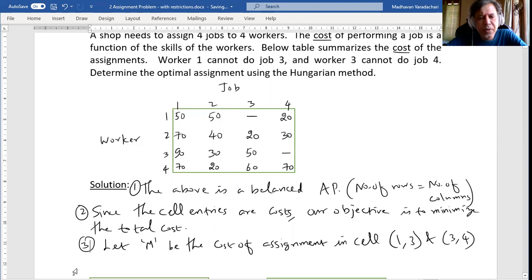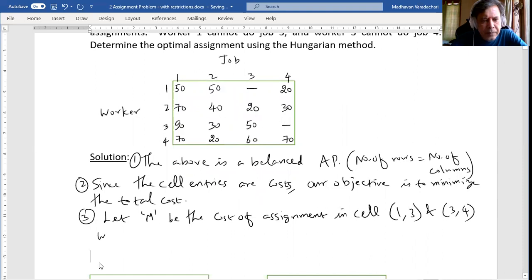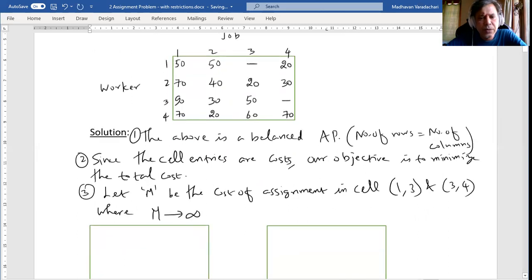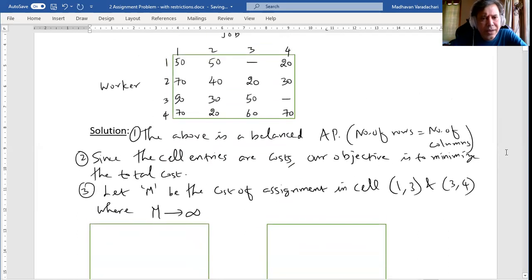In both the places, I am going to call that capital M. What is capital M? M is a very large positive number, meaning M is tending to infinity. So instead of putting a dash, I will use the letter capital M. So let's first proceed and rewrite the cost elements.